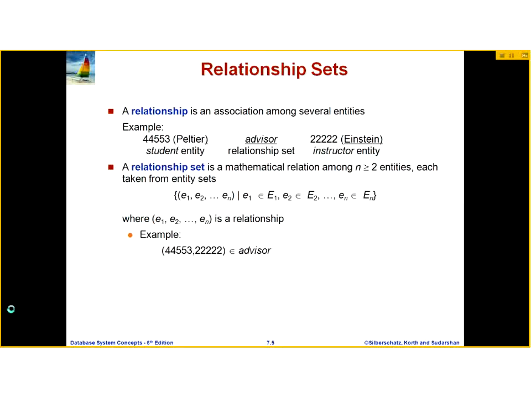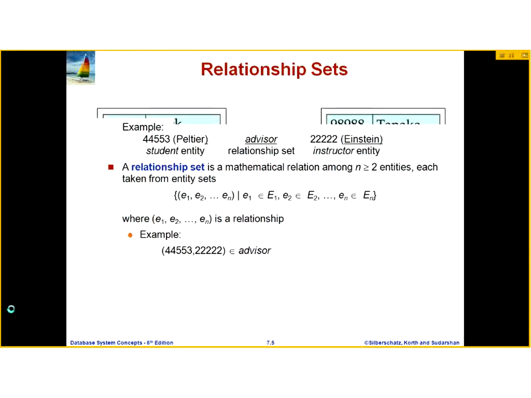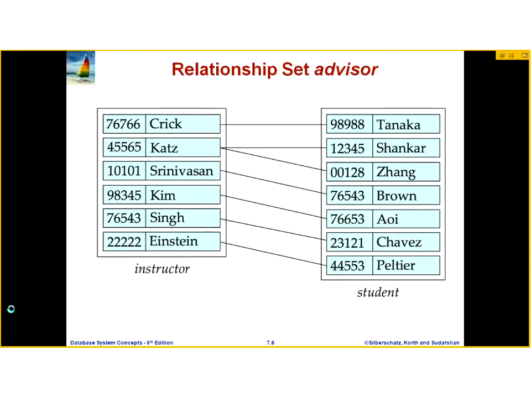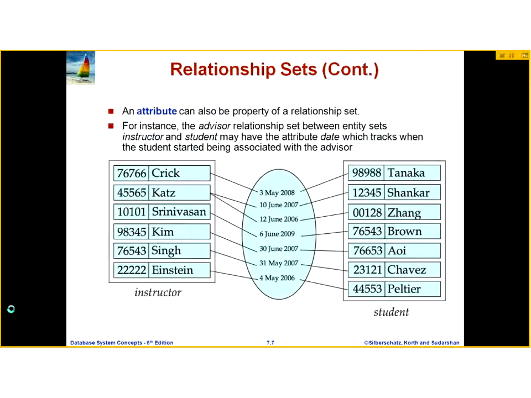The relationship between entities can be represented in the form of a relationship set. As I told you before, a student can be advised by an instructor, so advisor is the relationship. Then I told you how you can model the relationship: you can draw lines between two entities to represent the relationship, and you can add attributes to the relationships as well.